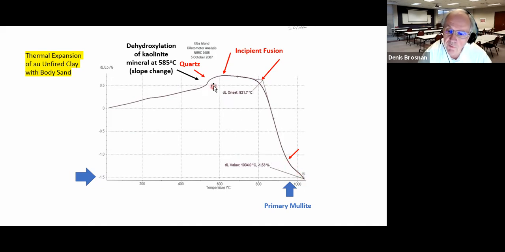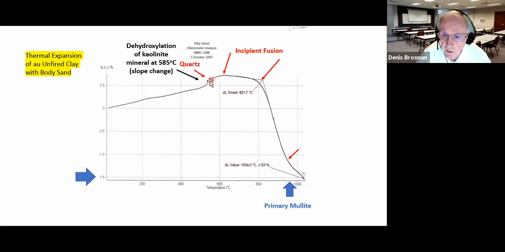Now, it's important. What if we fire up to, let's say, this temperature? We're getting up to a pretty good temperature here, and about 600 degrees. When we start cooling, then the material is going to go back through the quartz inversion.